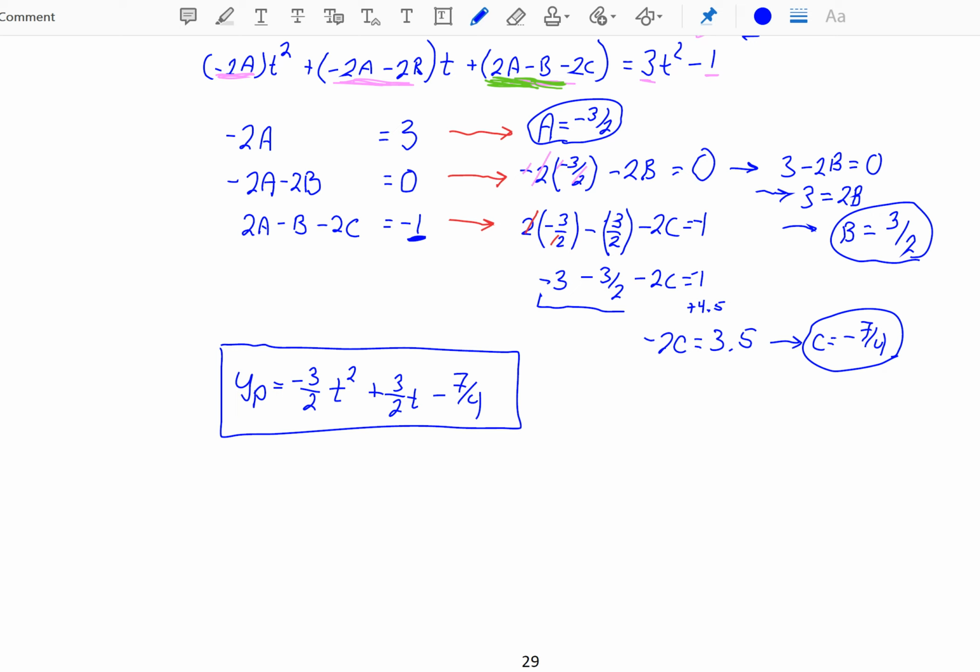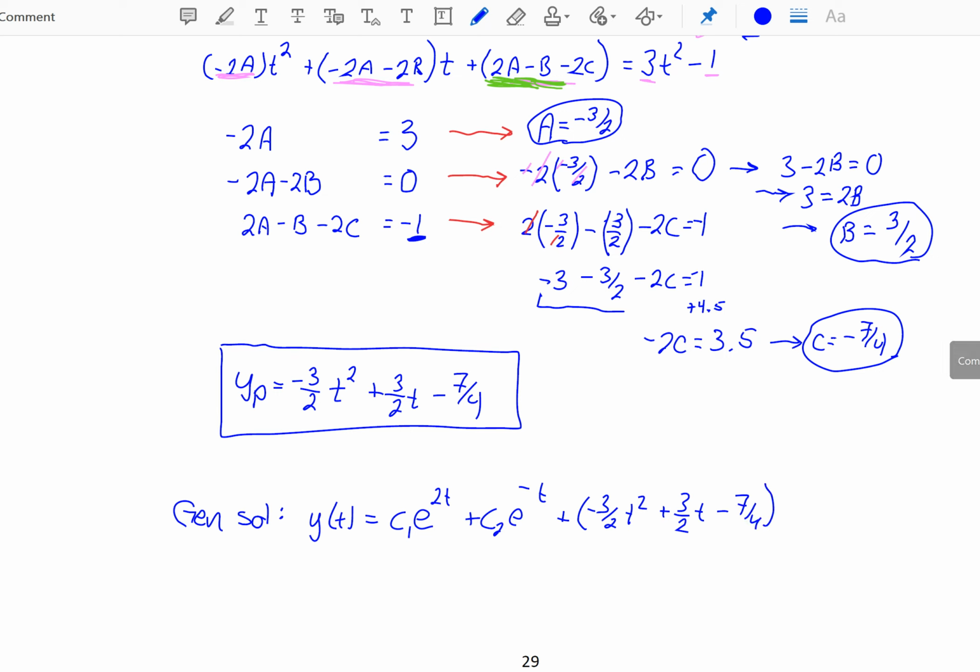And if that's our non-homogeneous solution, we should be able to now say that our general solution has to be y of t, c1 e to the 2t, c2 e to the negative t, plus our particular solution, which is negative 3 halves t squared, plus 3 halves t minus 7/4. This is our general solution.